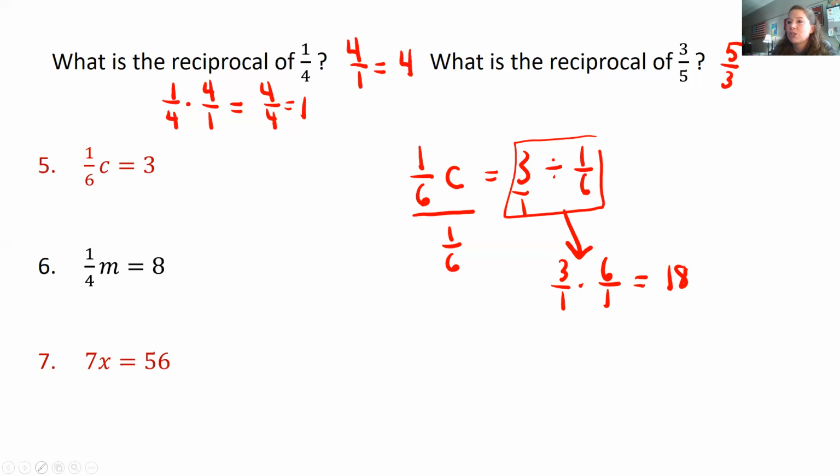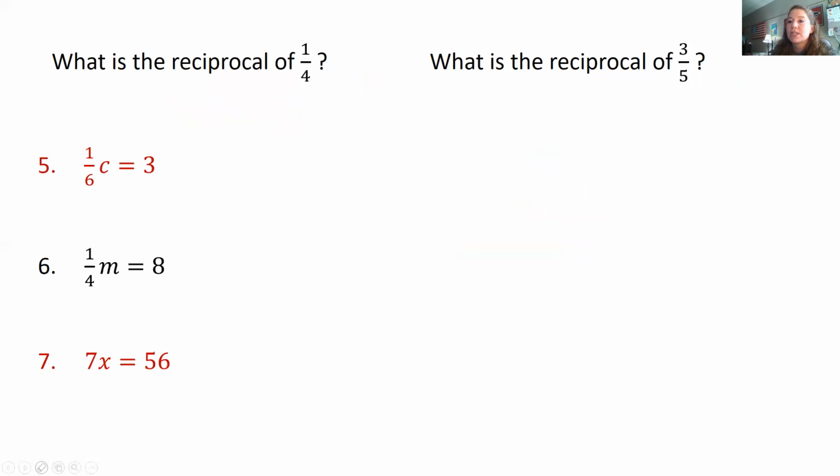So that's how, when you have a problem where you see multiplication by a fraction, the way we're going to cancel that fraction is by multiplying both sides of the equation by its reciprocal. So these cancel. We're left with C is equal to 3 times 6 is 18. And that is the answer.